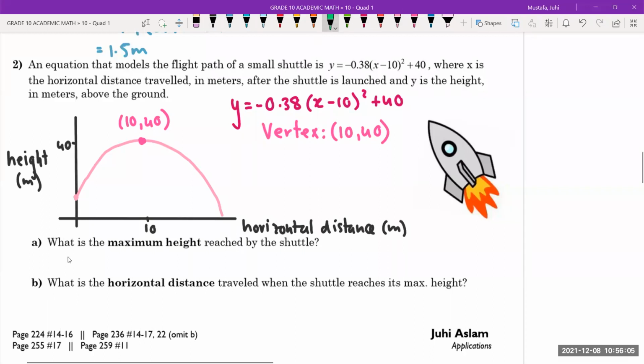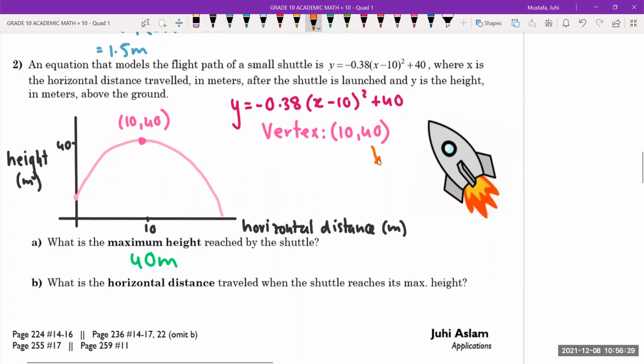Question number 1, it says, what is the maximum height reached by the shuttle? No calculations necessary. You're reading it off the graph. So what do you guys think? I see a few hands. I want to hear from someone maybe I haven't heard from. Rahima? The maximum height is 40 meters. Excellent. And so again, just like before, I will label this.